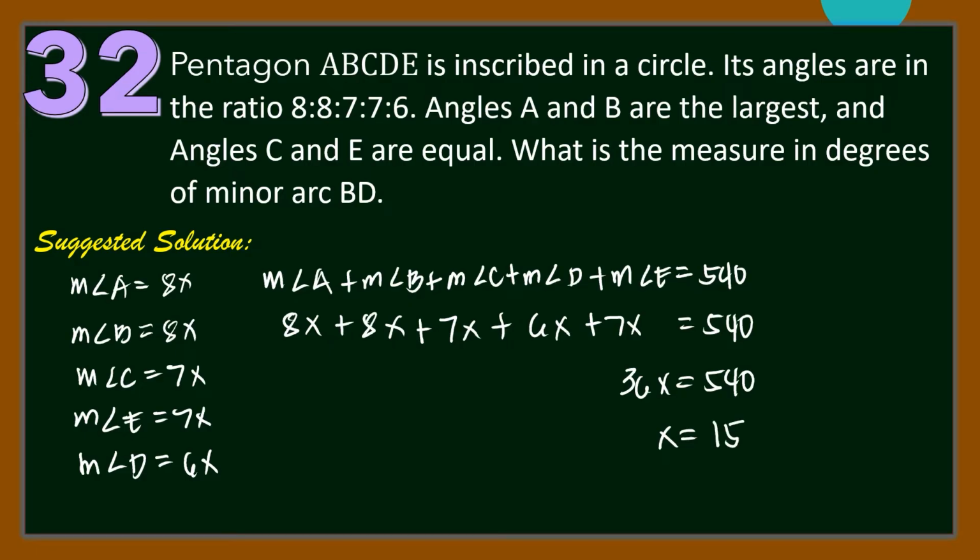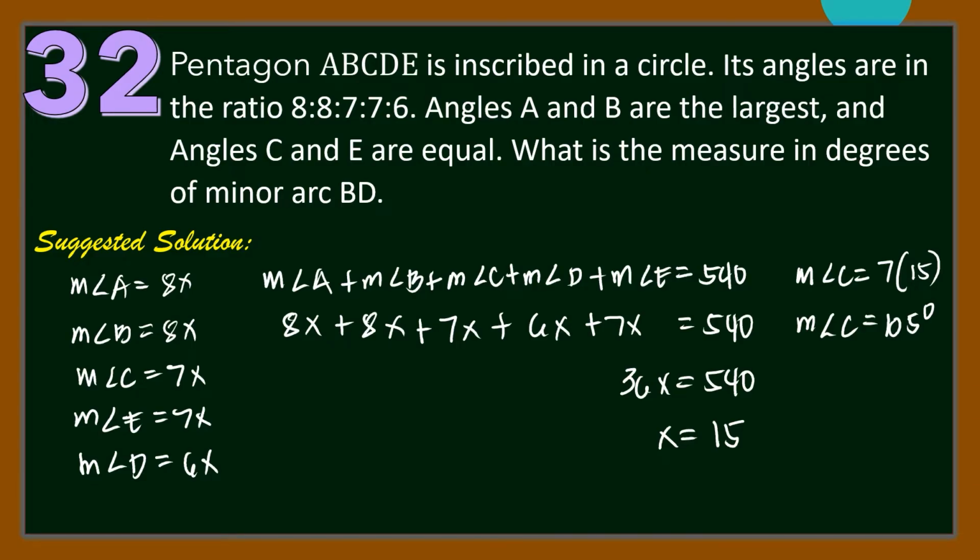The minor arc BD is subtended by angle C. Then the measure of angle C is equal to 7 times 15, and this is equal to 105 degrees. Angle C subtends arc BAD of the circle.